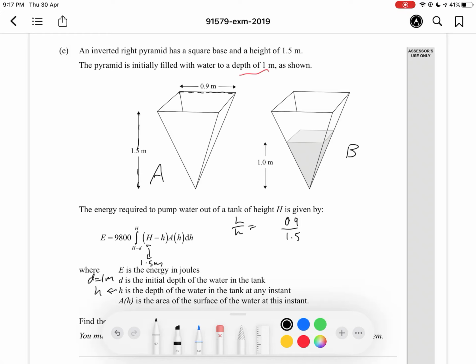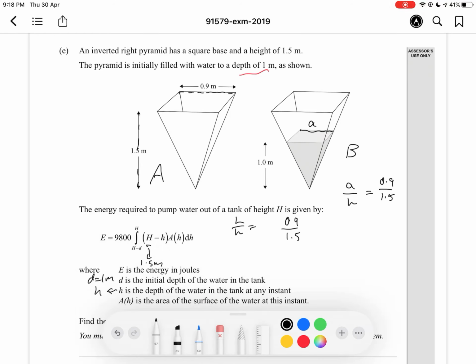So we don't actually know this length, so we'll call it A for now. Sorry, it's frozen. Okay, so we'll call this length A for now. So we'll say that A over our H must be equal to 0.9 over 1.5, because H we do not know right now, okay?